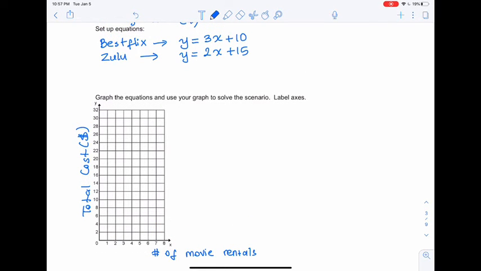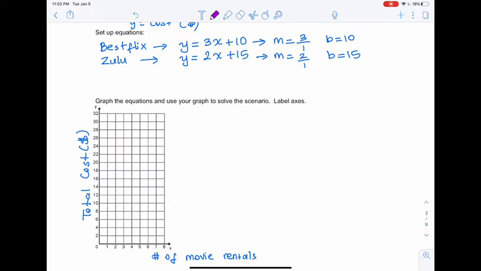To graph these two equations, let's write the slope and y-intercept for each. For the first equation, slope will be 3/1, and y-intercept will be 10. For the second equation, slope will be 2/1, and y-intercept will be 15.